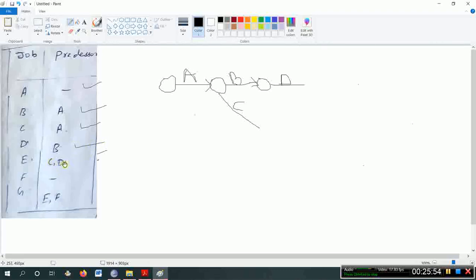Next, after completing C and D, E has to start. After completing C and D, E has to start. So now this is over. Next, F starts initially. There is no predecessor. Start F.